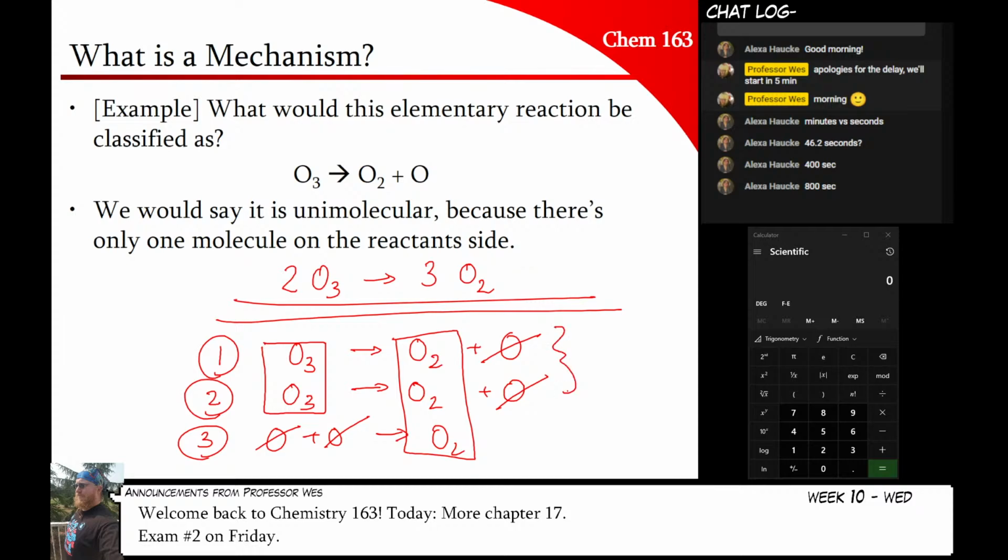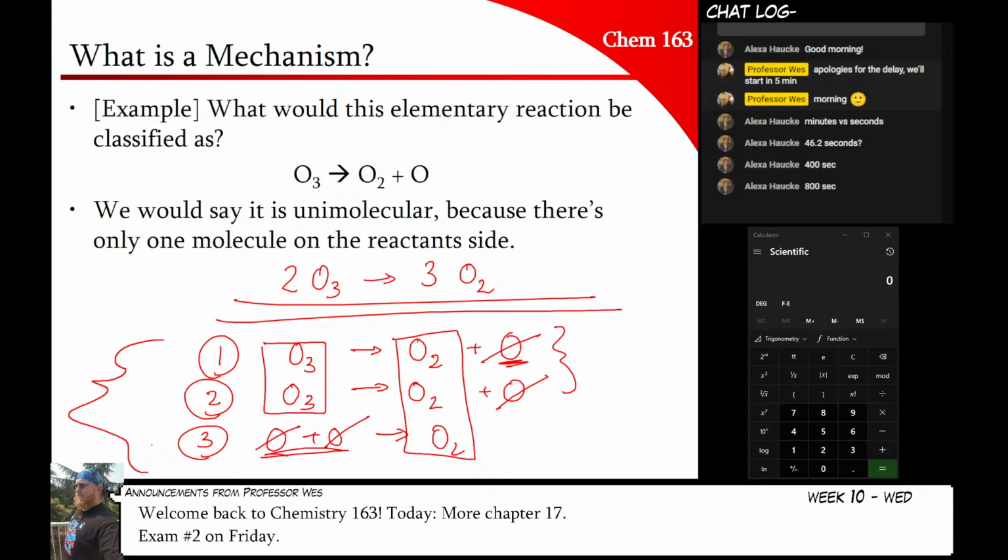I need to combine these two somehow, right? So the orientation factor of that collision would be very difficult. Whereas any ozone just breaking apart is much easier, and then it's easy to combine 2 O's together, right? So this right here would be the example of a mechanism.